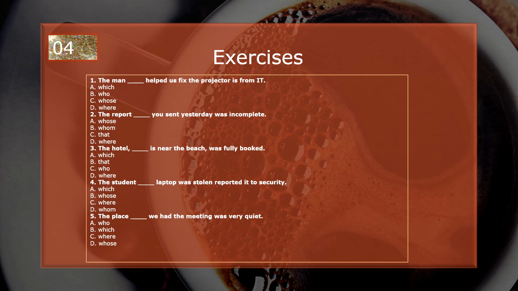Next one: the student, which, or whose, or where, or whom, laptop was stolen reported it to security. And next one: the place, who, or which, or where, or whose, we had the meeting was very quiet.